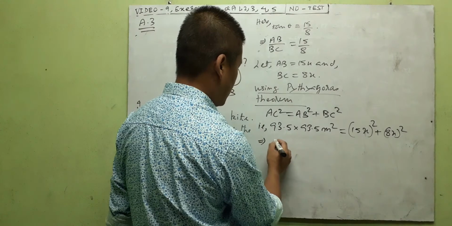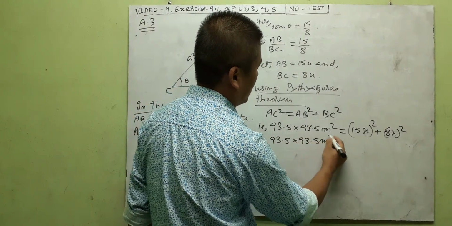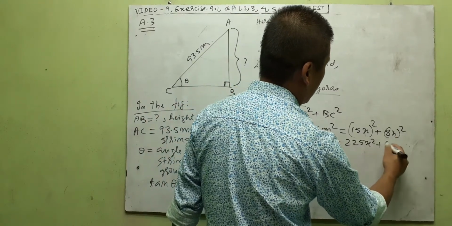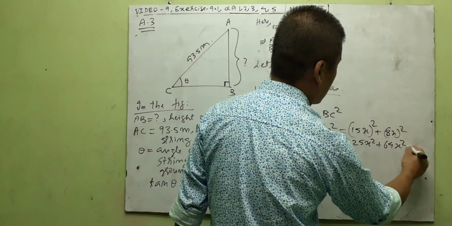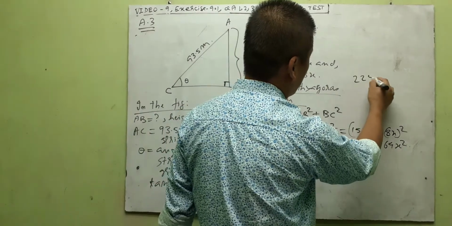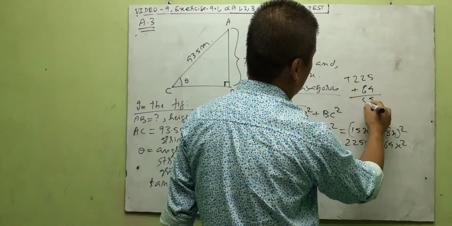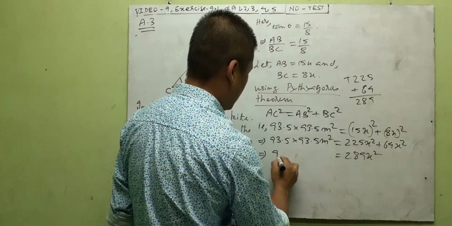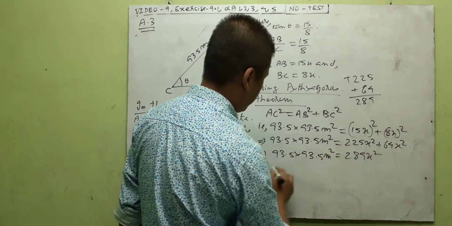So that implies 93.5 into 93.5 equals 15 into 15 is 225 x squared, plus 8 into 8 is 64 x squared. So that gives you 225 plus 64, which is 289 x squared. So this is 93.5 into 93.5 meters square.